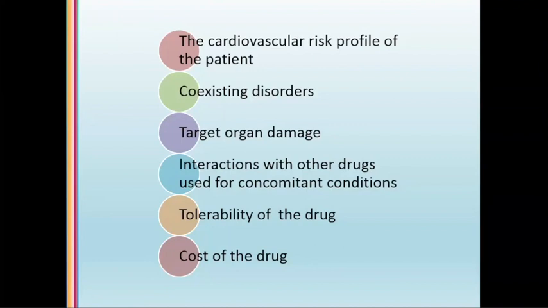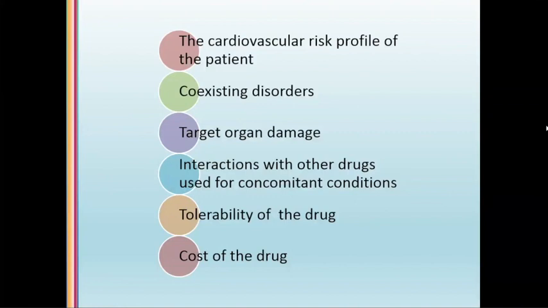Coexisting disorder. Lim or someone asked me a question. If they have a comorbid condition, the goal is the lowest, right? Yes, the goal is the lowest. In fact, the treatment style will also differ.